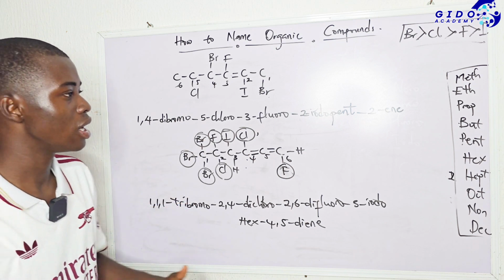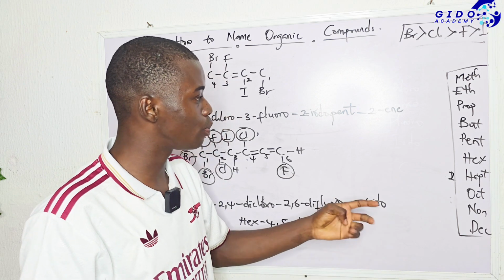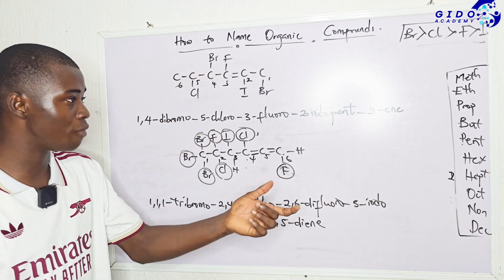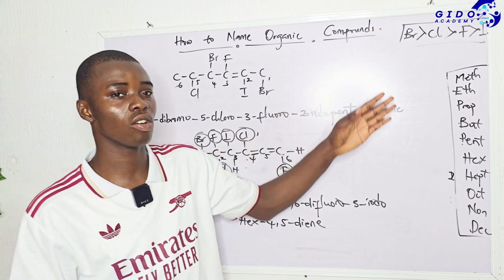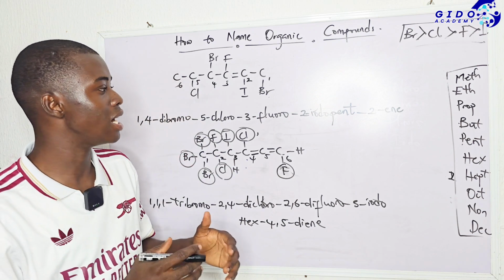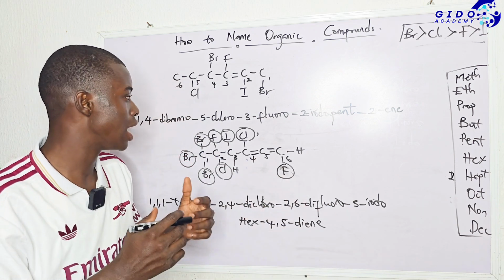But please take note. I want you to cram this. Note this very well: meth, eth, prop, but, pent, hex, hept, oct, non, and dec. Know them very well so that you're able to name all these organic structures. And halogens, they are not called halogens, they are called halo in organic chemistry. If you want to call bromine, it's called bromo, chloro, fluoro, and what? And iodo.